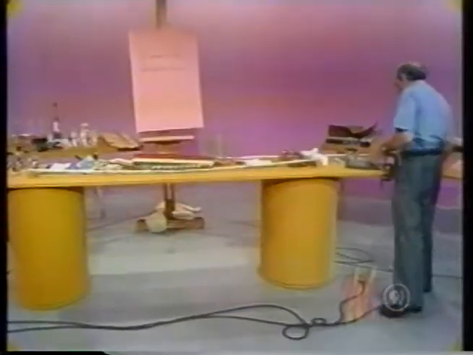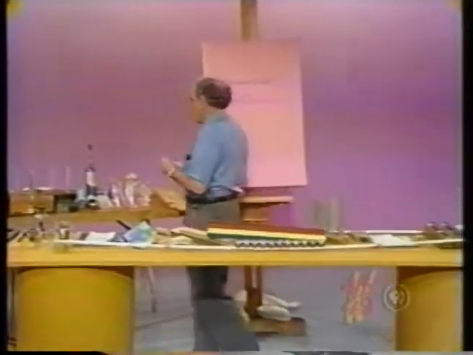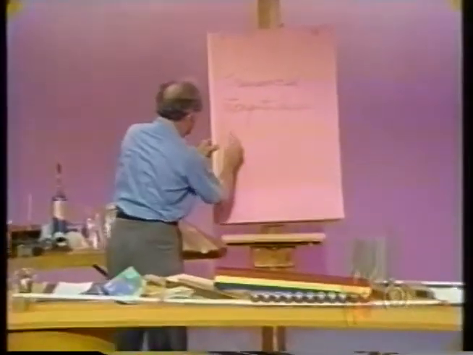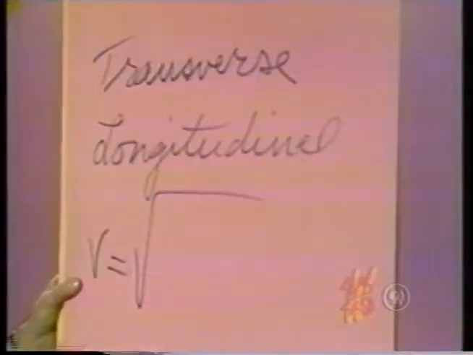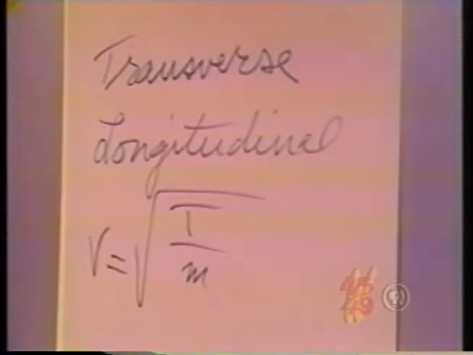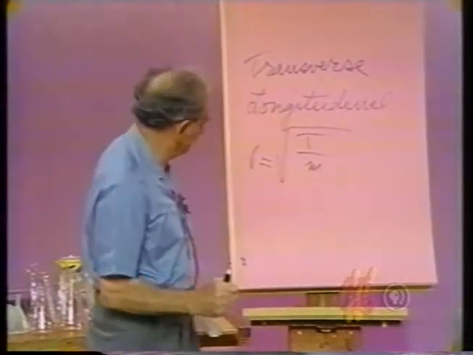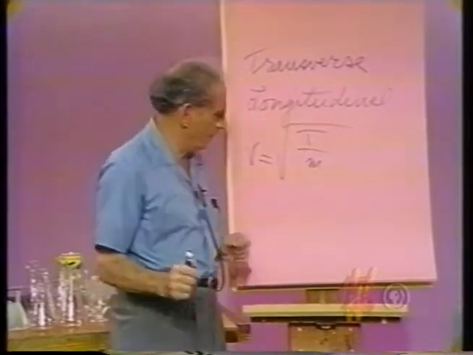So I have demonstrated a transverse wave, and I will write for you the velocity with which a transverse wave moves. It is given by the square root of the tension divided by the linear density. That is how fat it is. Now, that is a transverse wave.